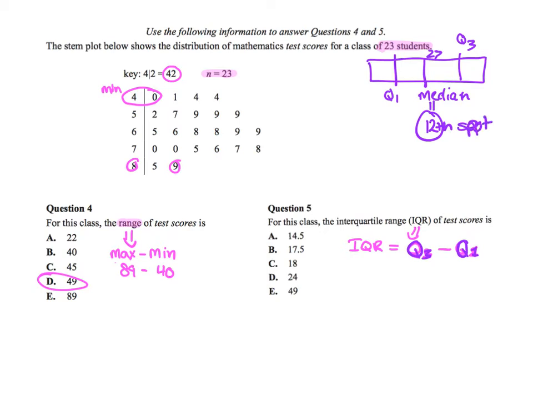The median can be found at the (n plus 1) divided by 2 position. So what I did there was 23 plus 1 over 2, which is 24 over 2, so the 12th. So if I go find the median, I'm going to count along 1, 2, 3, 4, 5, 6, 7, 8, 9, 10, 11, 12. So there's the median. This one is the median.